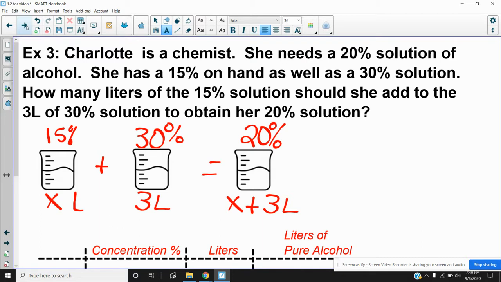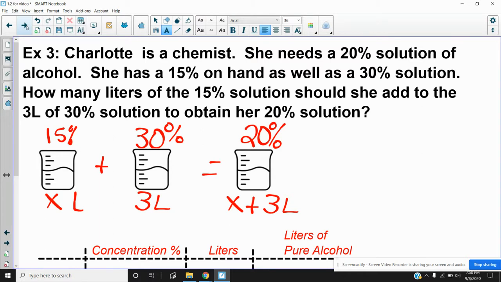She also has a 30% solution. So she's going to mix those two together in such a way that she gets a 20% solution. So in terms of chocolate milk, I have not very chocolatey along with super chocolatey. I'm going to mix them together to dilute the super chocolatey into something that we can drink. That's kind of what's going on here.